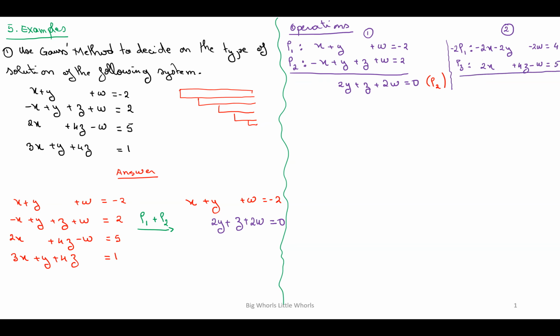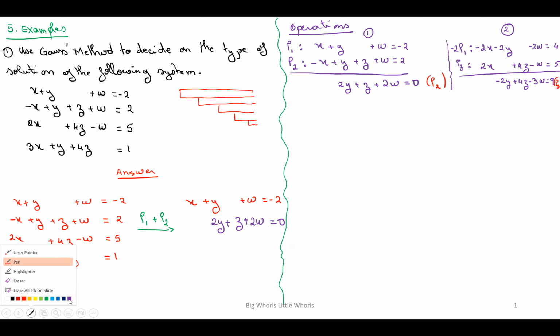So I have minus 2x plus 2x is 0. That's actually the purpose of what we are doing. So I have minus 2y plus 4z minus 3w equals 9. And I'm going to replace row 3 by this. I don't have enough space, but I hope you can see.